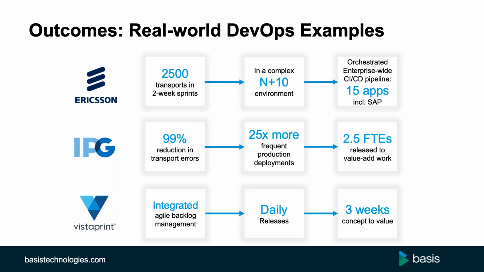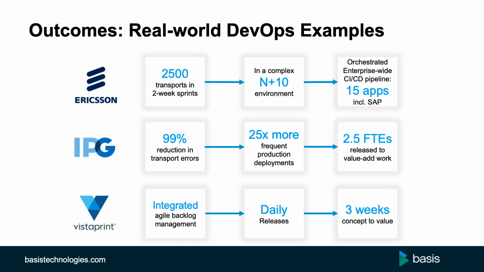They were trying to build SAP into a cross-application CI/CD pipeline orchestrated by a product called GitLab, so everything was deployed synchronously at the right time in sequence from one central tool.